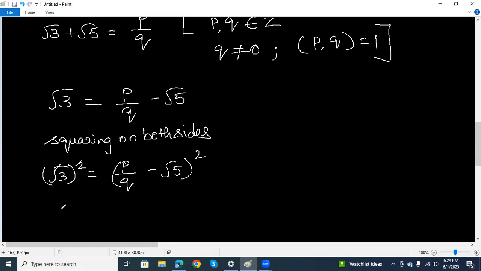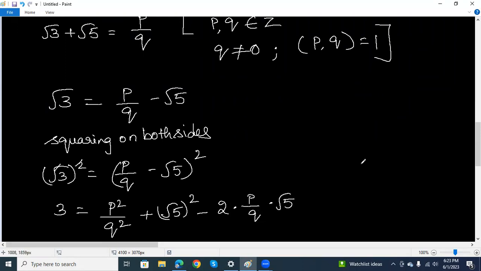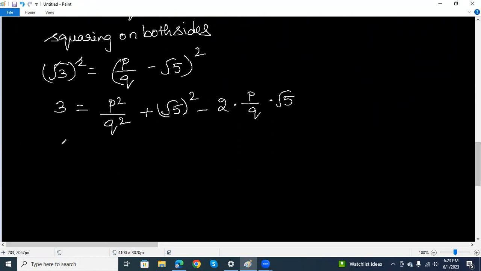Square and root get cancelled. 3 is equal to (A minus B) whole square formula, A square plus B square minus 2AB. So P square by Q square plus root 5 whole square minus 2 into P by Q into root 5. So 3 is equal to P square by Q square plus 5 minus 2 root 5 P by Q.